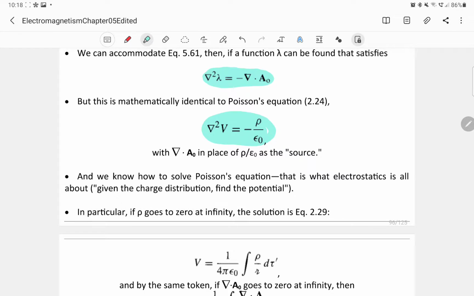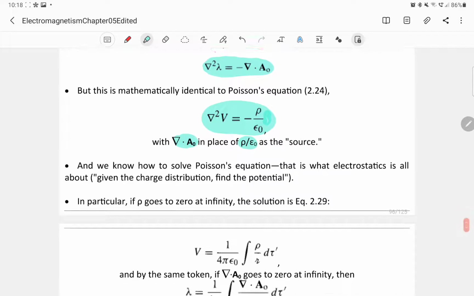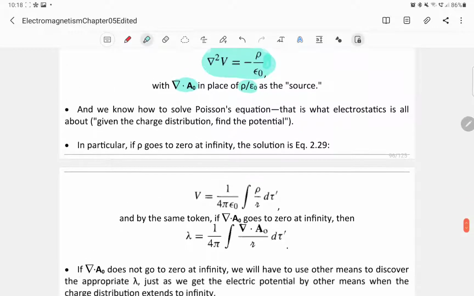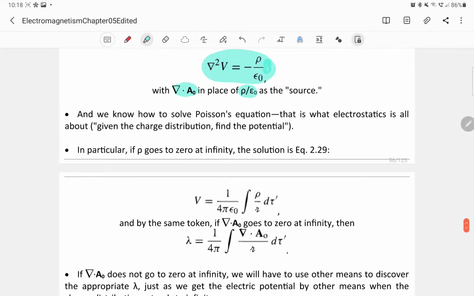If you replace this one with this one here, then our lambda, in the case of electrostatics, your potential would be like this, but in magnetostatics, our lambda would be this one.